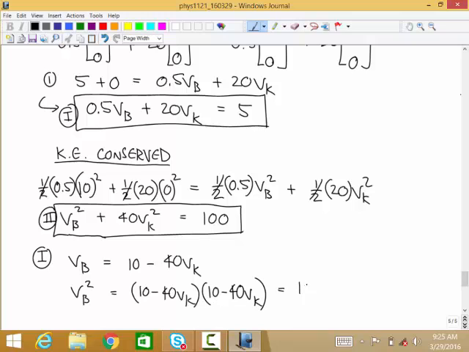Multiply that out and you get 100 minus 80 VK plus 1600 VK squared. Would it just be regular VB instead of VB squared? From equation 1 we got this first one, VB is equal to this stuff. Oh, okay. And now we squared both sides. Yep. Okay, I think it should be 800. Yeah. Oh, yeah. Thank you.